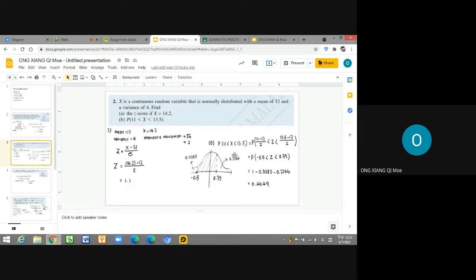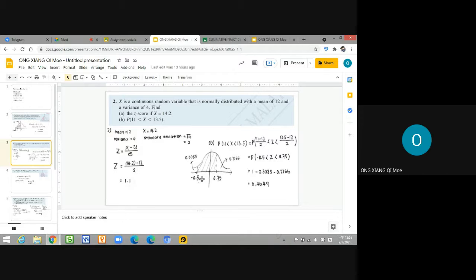Now we can draw a graph which presents the probability, where we put 0.75 on the right-hand side because it is positive, and we put negative 0.5 on the left-hand side as negative 0.5 is negative.